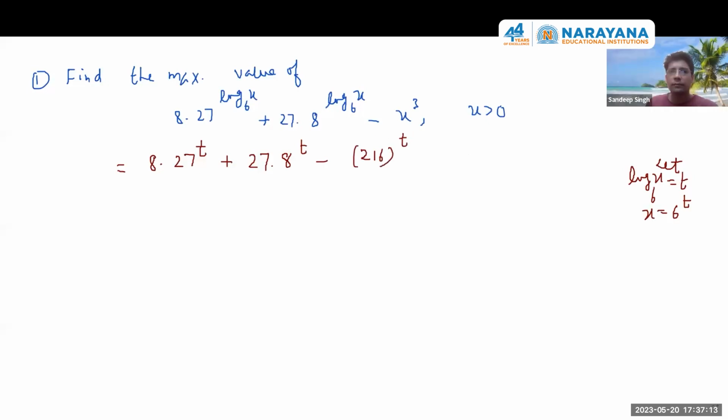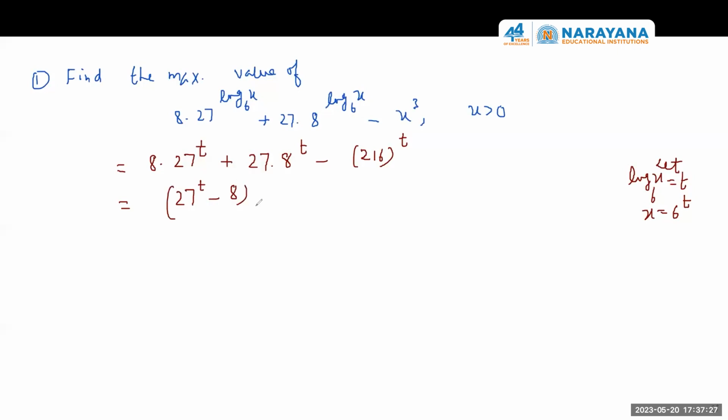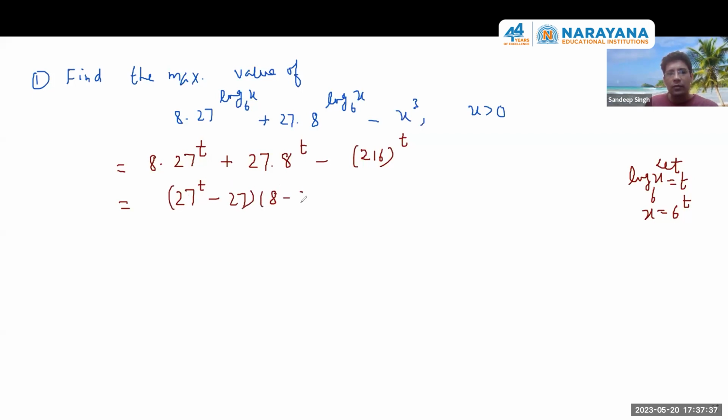Is that all right? So this I can factorize. Can I factorize this? 27 power t minus 8. And here, not minus 8, in fact minus 27 into 8 minus 8 power t.